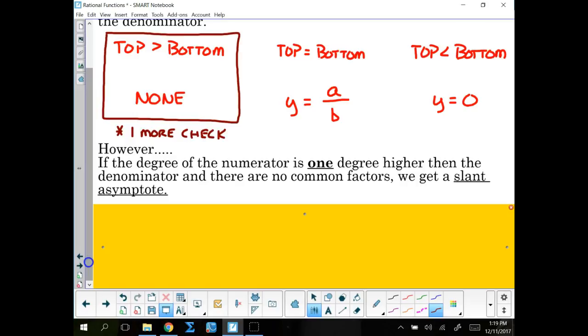If the degree of the numerator is 2 bigger than the bottom, we get what is called a quadratic asymptote.